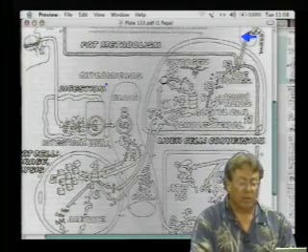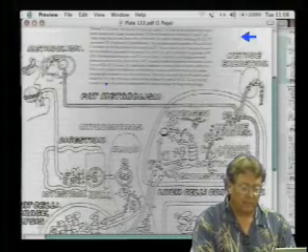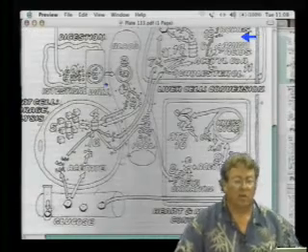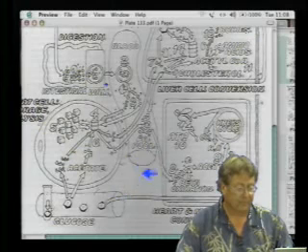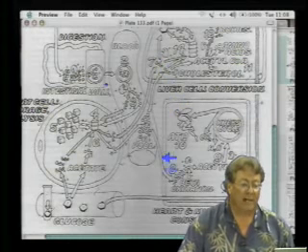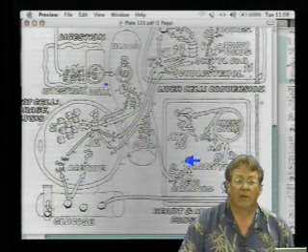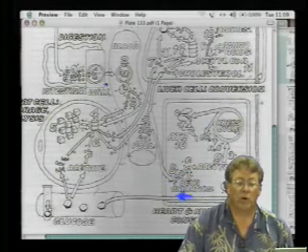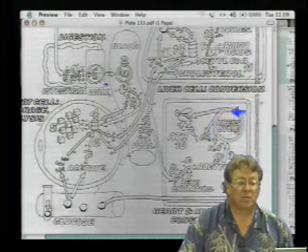Fat utilization by the muscle, yes, it does. We've talked about fats in the muscle, so this is the heart and muscle cell down here. Ketone bodies, fats, both can come into this cell. Beta oxidation also occurs in the muscle cell, the breakdown and feeding into the Krebs cycle to produce lots of ATP.